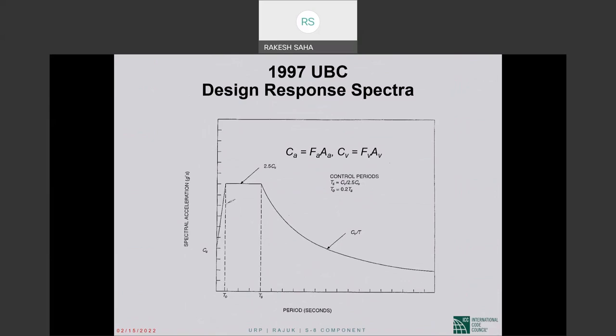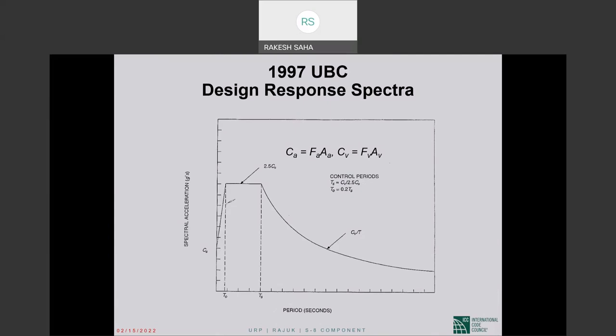From that, we went to the 97 UBC design spectrum. 97 UBC was in effect in California until the last day of 2005. Now, this is pretty recent, and it is in use in many parts of the world, that I can assure you.